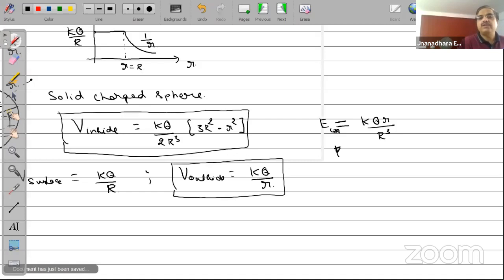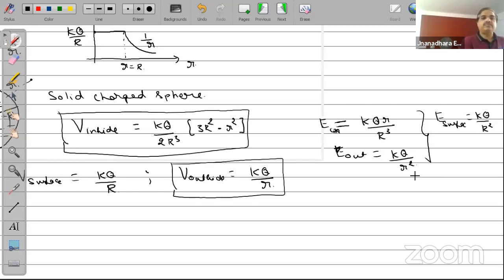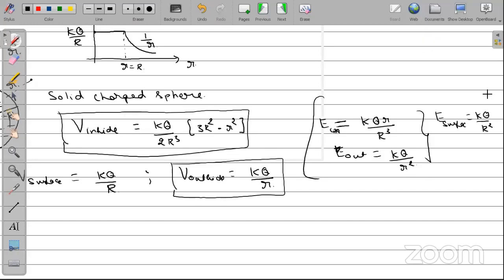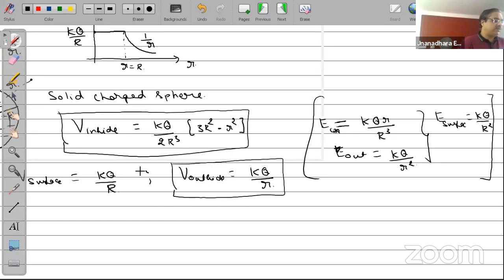Electric field outside will be KQ by r square. Electric field on the surface will be KQ by capital R square. Is it okay? Is it all right? Yes, sir. Okay.